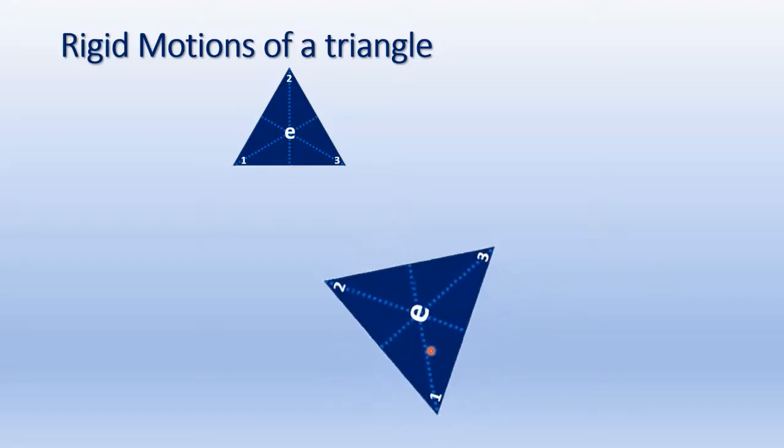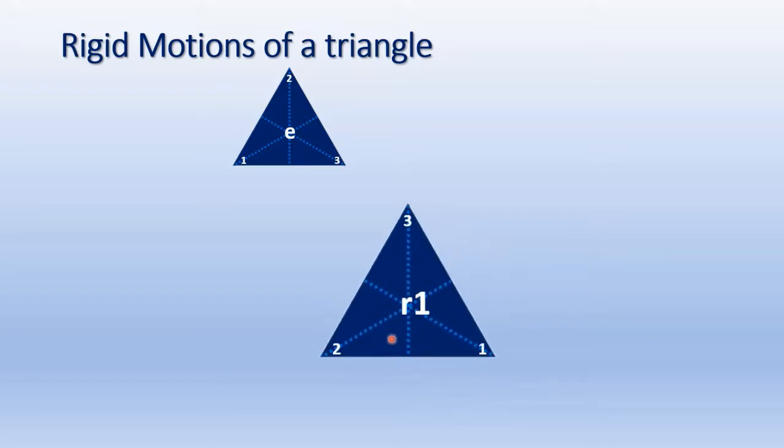Like this. What happens? The labels have been changed. In place of 1, we have obtained 2. In place of 2, we have obtained 3. In place of 3, we have obtained 1. So this new labeling, I am naming it as R1, rotation 1.